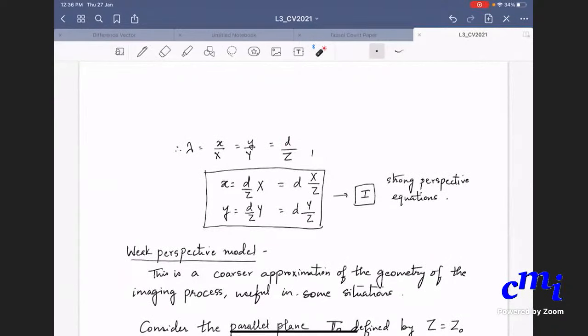And so now I can write small x equals d over Z times capital X, and small y equals d over Z times capital Y. So I've gotten rid of what is not required. Small x is d times this ratio, and small y is d times capital Y by capital Z. So we got this set of equations, which is called the strong perspective equations.